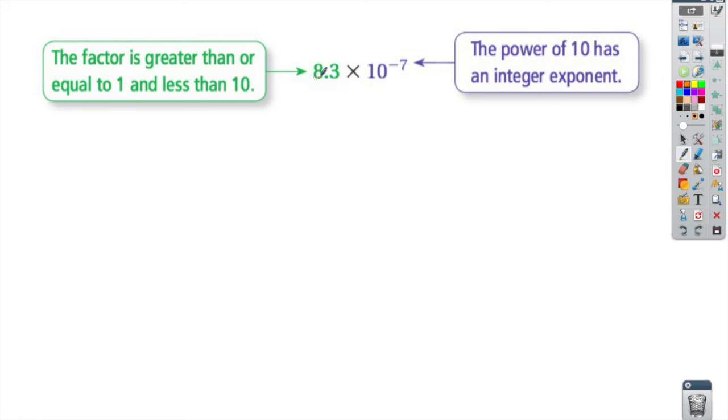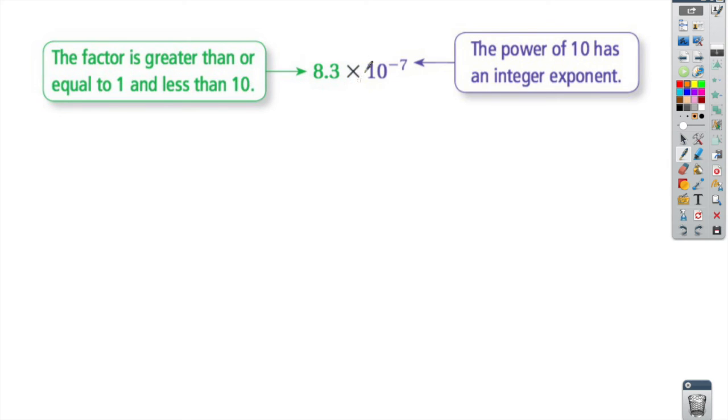And this number couldn't be 10 itself because it needs to be less than 10. So you have to move the decimal to create that situation where this number is somewhere between 1 and 10, where it can be equal to 1, but it has to be less than 10, so not 10 itself.